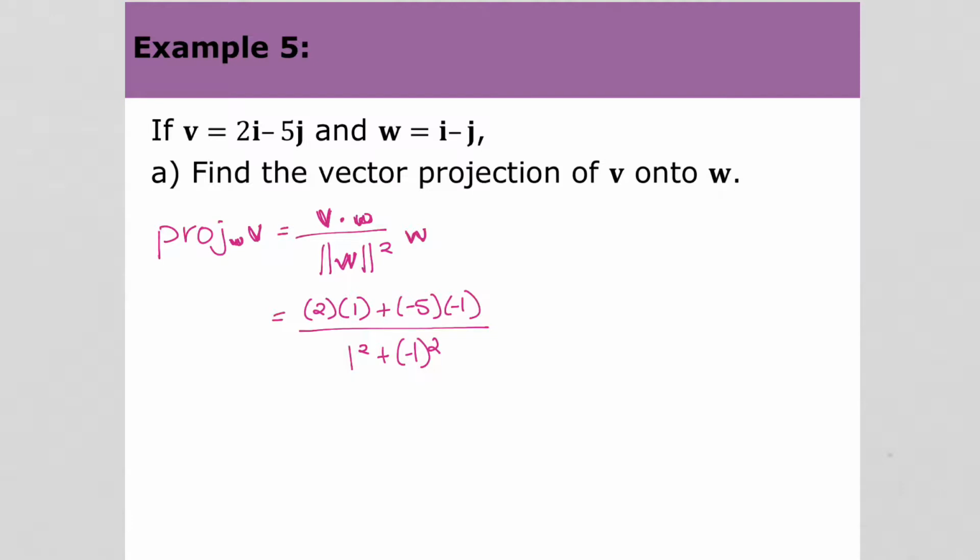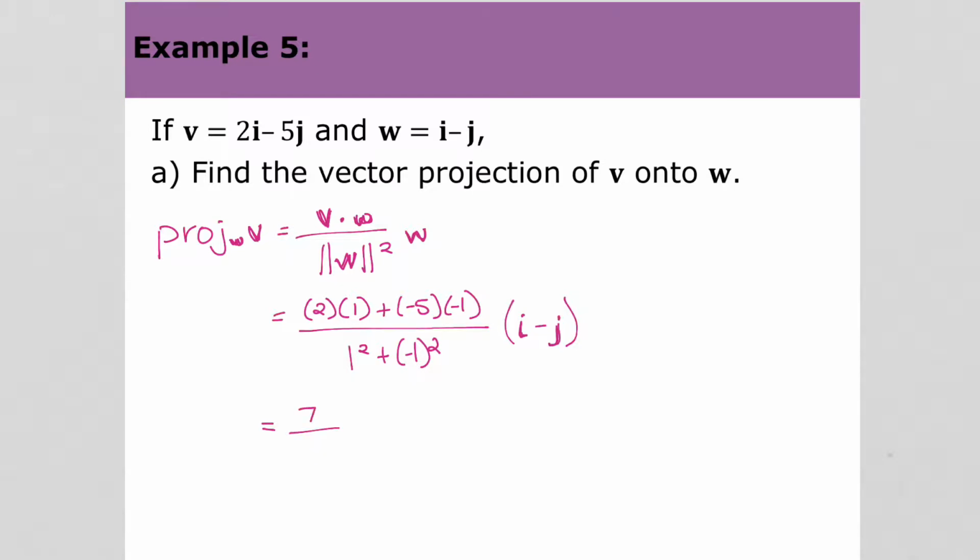And then you're going to multiply that by W, which is I minus J. Okay? Our dot product gives us, on the top, 2 plus 5 would be 7.